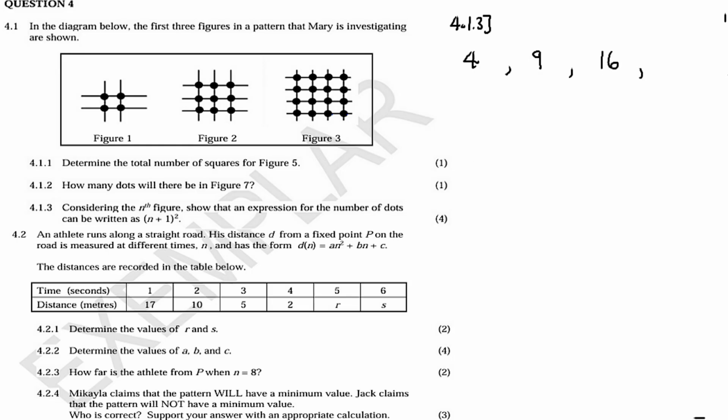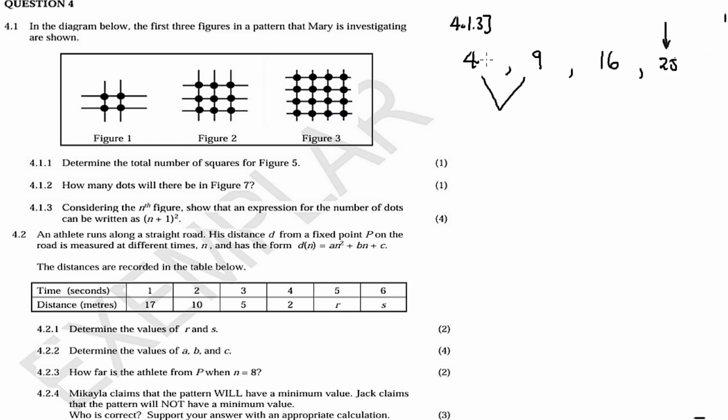Okay, for figure number 4, it's gonna be 4 plus 1 raised to exponent 2. It gives us ubani 25. I need this fourth term. Why? To confirm ukuthi vele is it a quadratic number pattern.